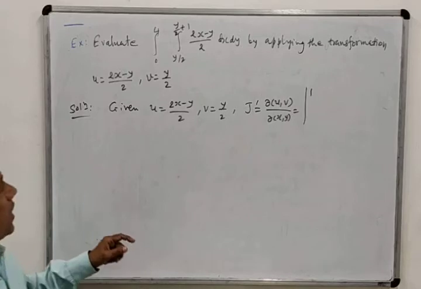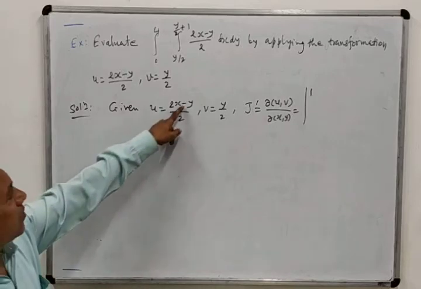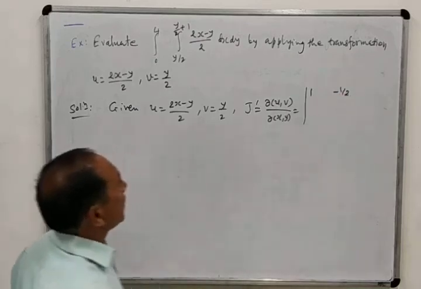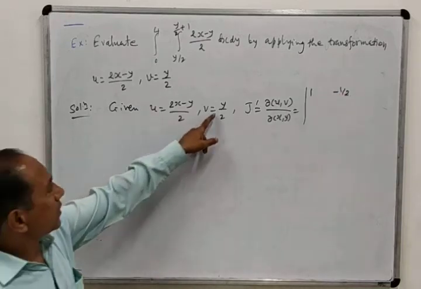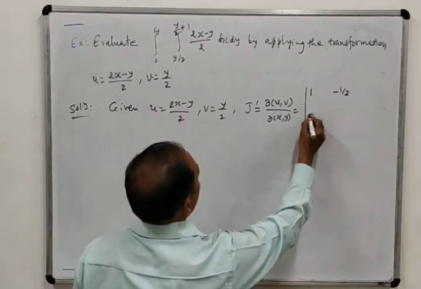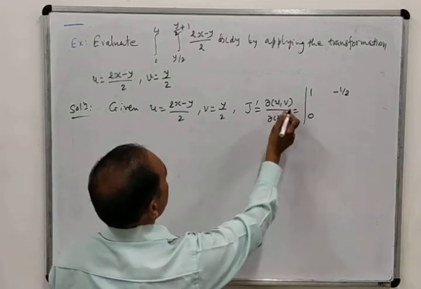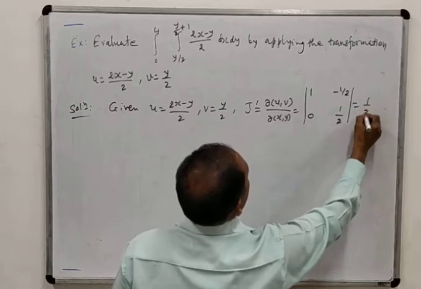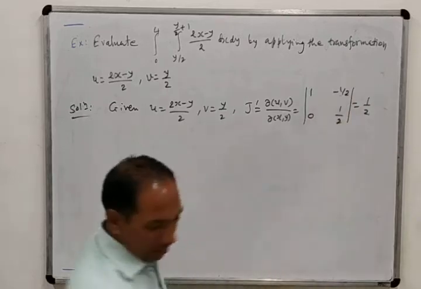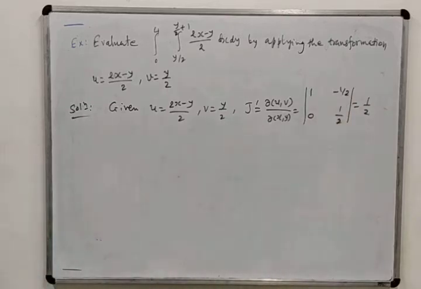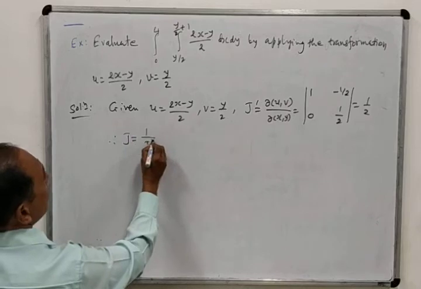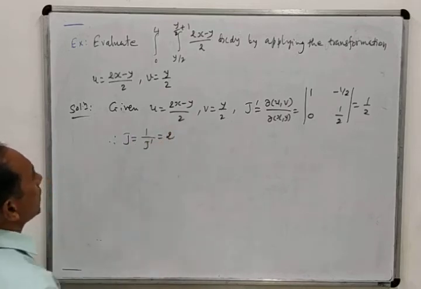Okay. Then the derivative with respect to y is minus 1/2. Then the derivative of v with respect to x is 0 because x is not involved, and the derivative of v with respect to y is 1/2. So its value is 1 into 1/2 is 1/2 minus 0, that means 1/2. This is the Jacobian, and therefore J is 1 upon J dash, that means it is 2.